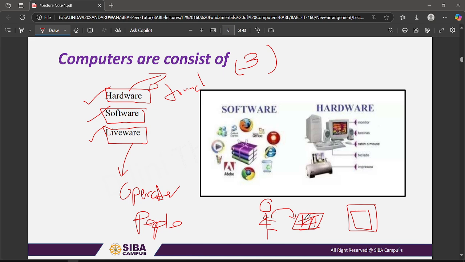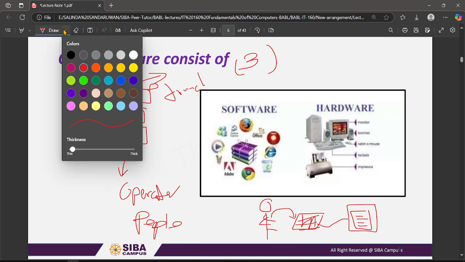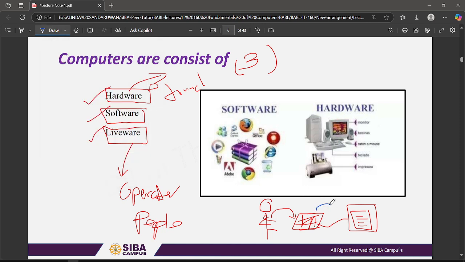But if we haven't installed the software needed for the keyboard, no matter how hard you type, it doesn't display here. So the software acts like a bridge.